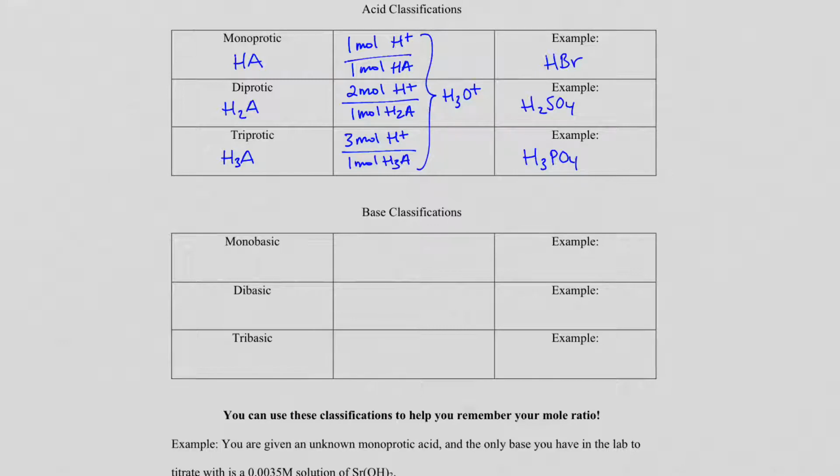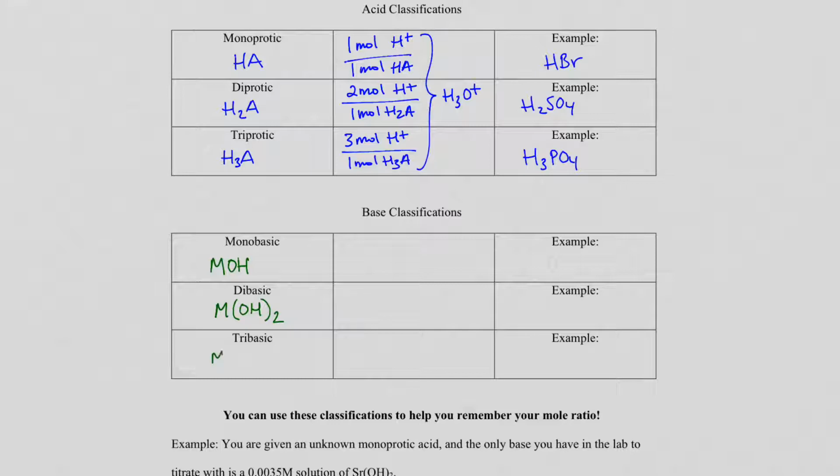So let's do it. Monobasic, of course, is just MOH, right? So 1 mole of hydroxide ions for every 1 mole of compound that dissolves. Dibasic would be M, and you guessed it, M(OH)2. So 2 moles of hydroxide ions per every mole of base dissolved.